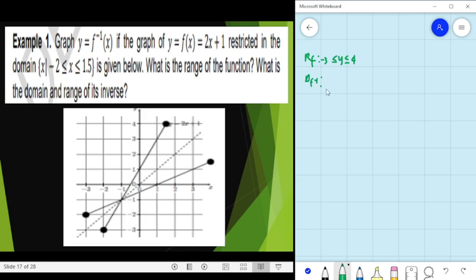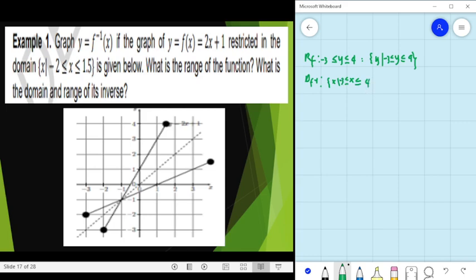Its domain is the set containing x such that x is, let us clarify, y such that y is greater than or equal to negative 3 but less than or equal to 4.